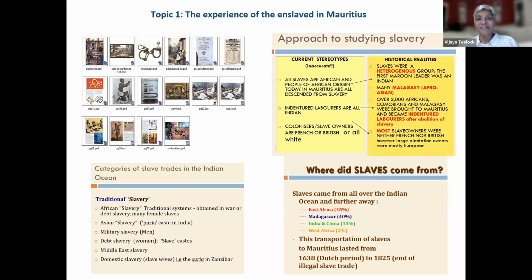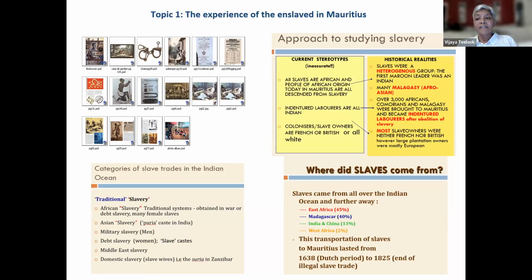And I'm very happy to see a fellow historian from Madagascar in the audience. Among indentured laborers, we have many thousands of Comorians, Mozambicans, and Malagasy, who came as indentured laborers after the abolition of slavery. So not all people of African origin are descended from slavery, and that's a very important distinction to make.